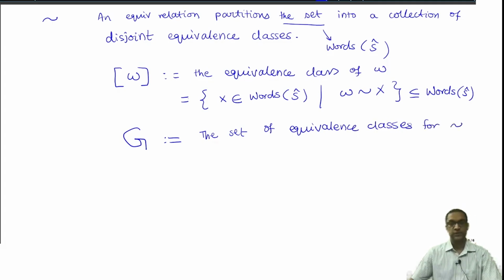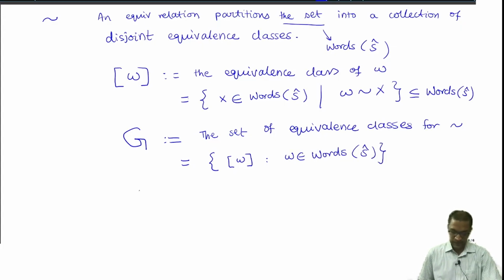In other words, the elements of G are themselves subsets of words of S hat. Now look at the collection of equivalence classes, and observe that one way of writing it is to say it's the set of all equivalence classes of W, as W varies over the set of all words in S hat.